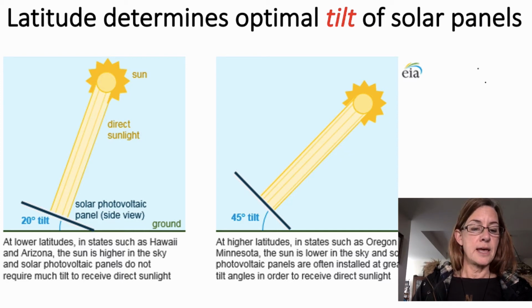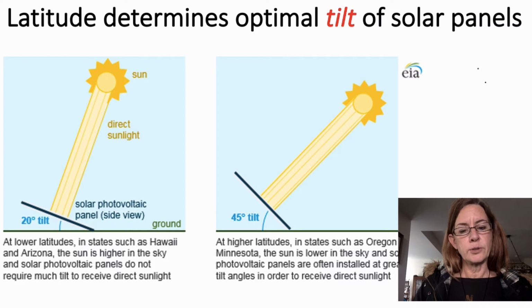So notice that in the left-hand diagram, that might be a place like Hawaii, which is pretty close to the equator, and you would only need, for example, a 20-degree tilt of your solar panel up to meet the direct sunlight. But if you're a little bit further north, like where we are, for example, in Massachusetts, you would need to tilt your solar panels a little bit more to get the direct sunlight.